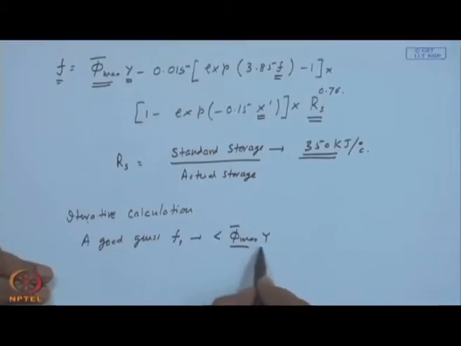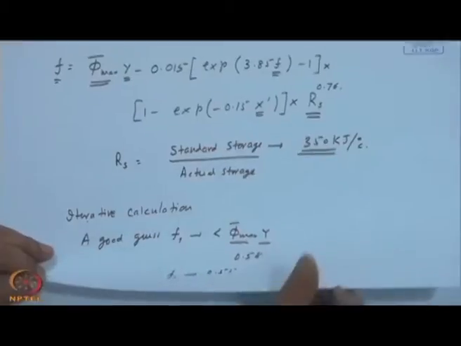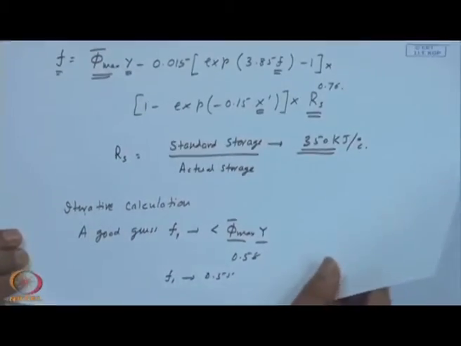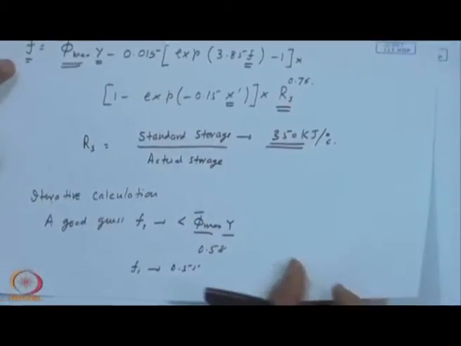This is a calculable quantity. So, you know phi bar max, let us say it is 0.58, then I may guess F 1 as 0.55. Then you can set up a Newton-Raphson scheme or whatever, and you can easily iterate in this relation to find the actual solar load fraction met.